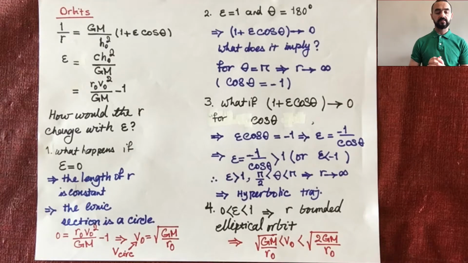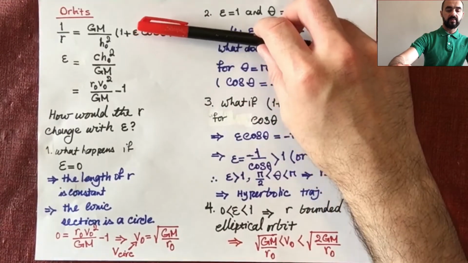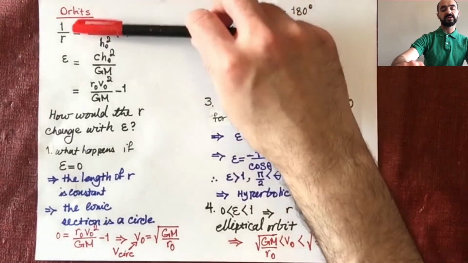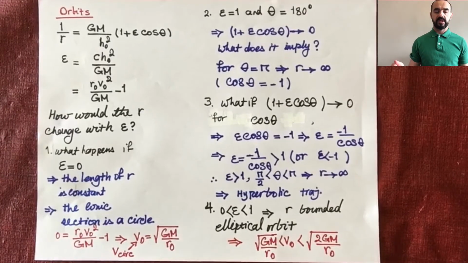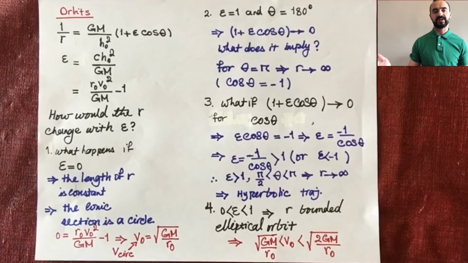Also, if epsilon goes to 0, it means that 1 over r is GM over h0 squared. In other words, r is a constant. In polar frame, if r is a constant, that describes the equation of a circle.